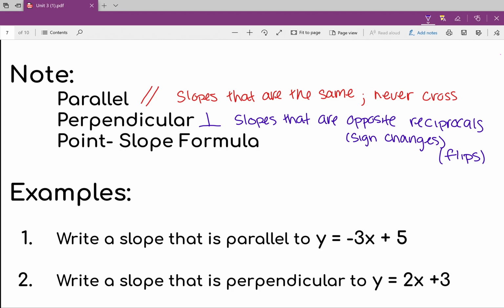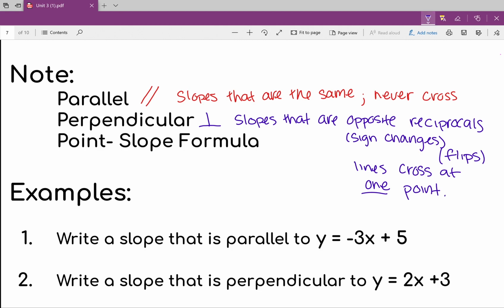Okay. So something important about perpendicular also is that they do cross at one point. So the lines will cross at one, very important, only one point. In order to solve parallel and perpendicular problems, we're going to use the point slope formula.